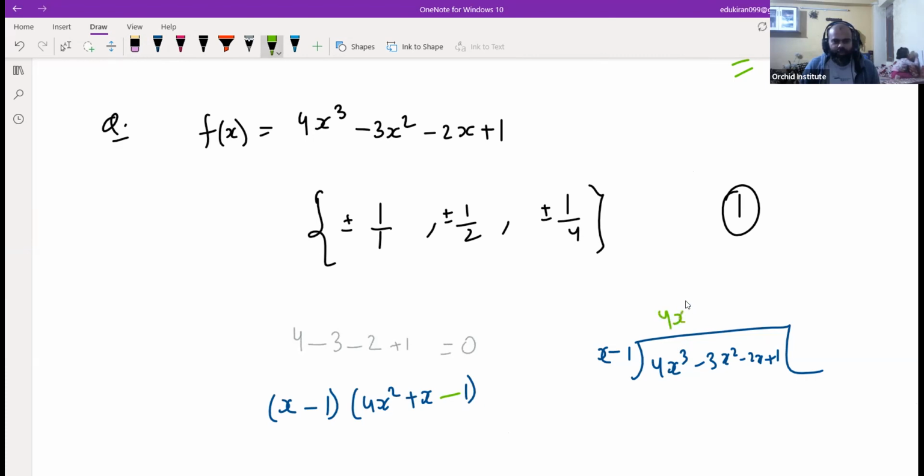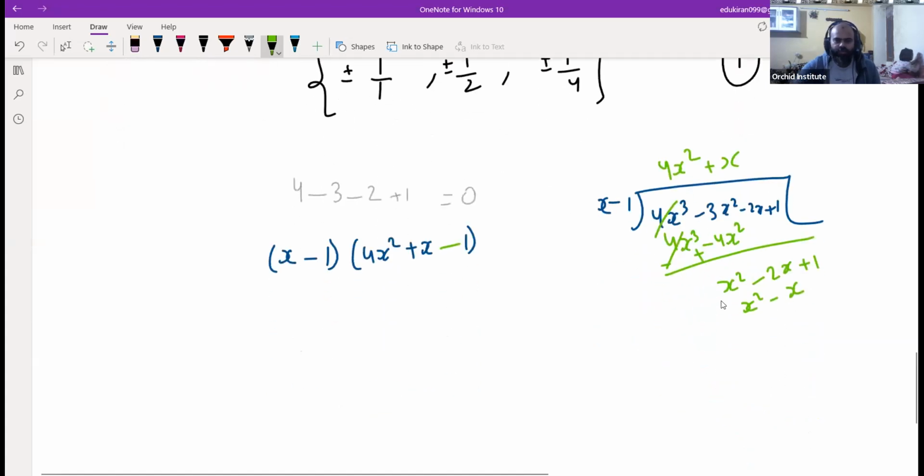You take 4x square, so 4x cube, and this is minus 4x square, so minus and plus, you cancel, and you will get x square minus 2x plus 1, and then plus x. So x square minus x it will become.